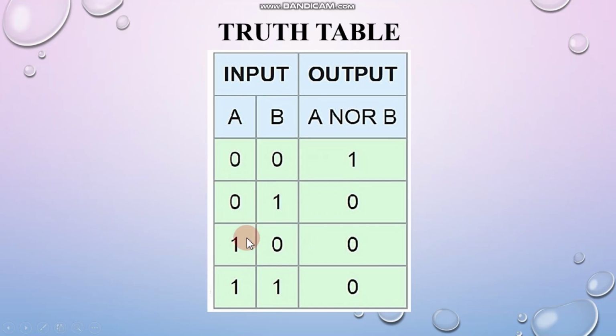For the rest of the combinations, 0 1, 1 0, and 1 1, any one of the two inputs is high, so output is low. In the last combination, 1 1, both terminal A and terminal B are high logic, so the output is 0. So this is the tabular representation of the NOR logic gate.